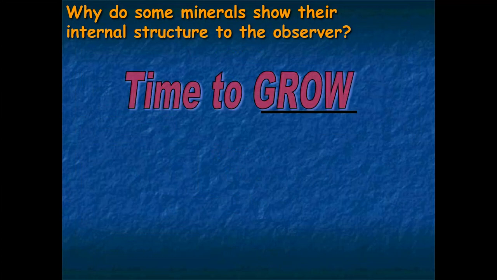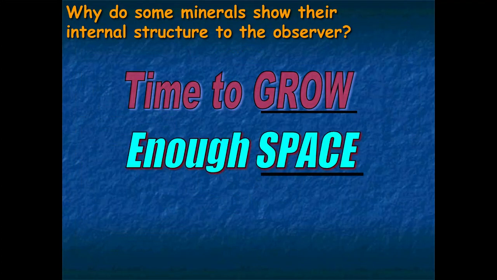And so you have to have time to grow. In order for minerals to take their internal structure, the solutions have to have time to build and time to grow. You must have enough space. In most cases in nature, there's not enough space for minerals to begin to grow and produce their internal structure.